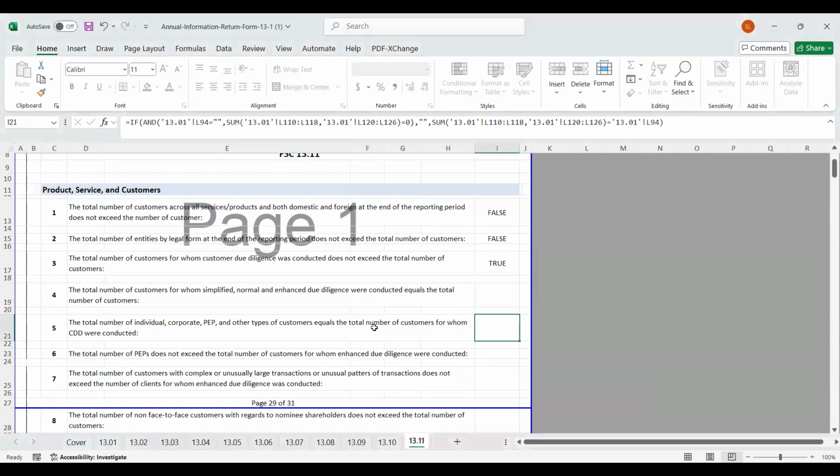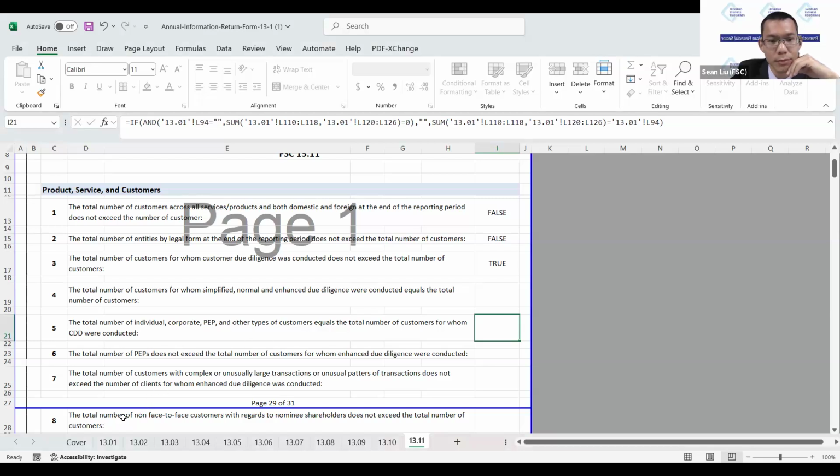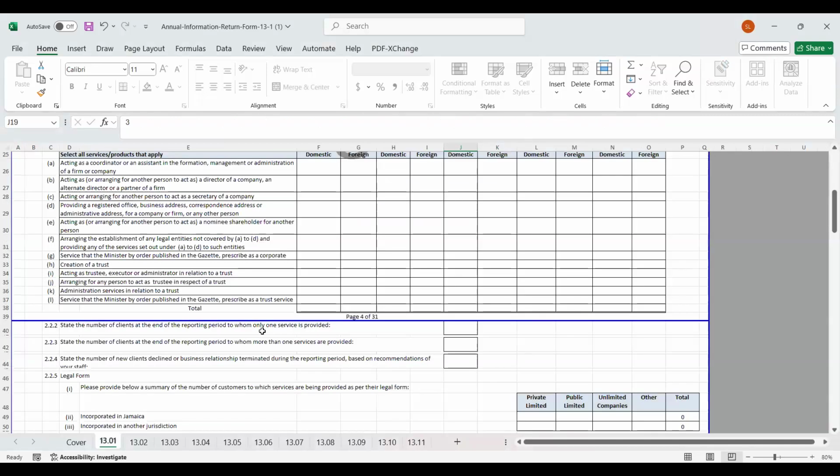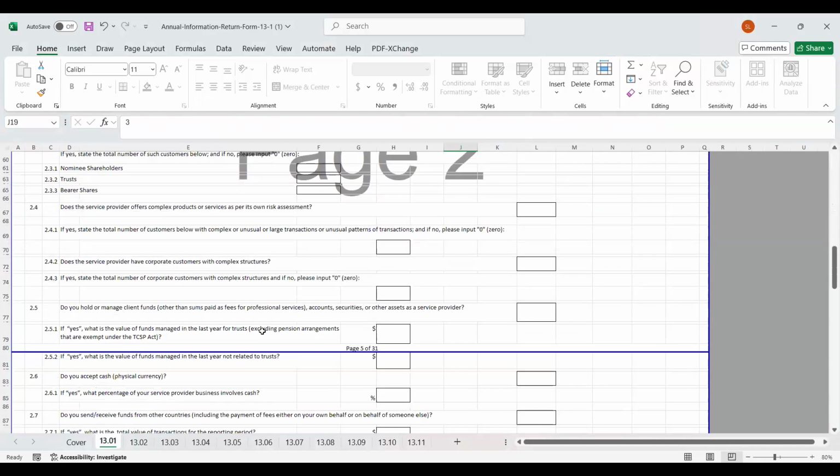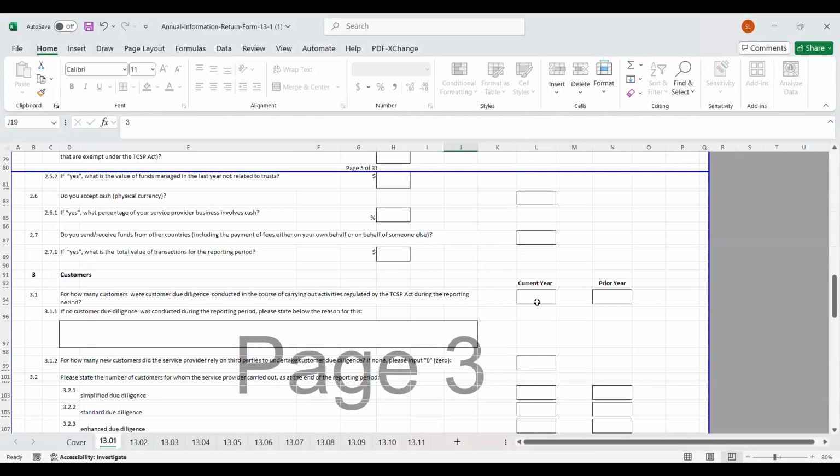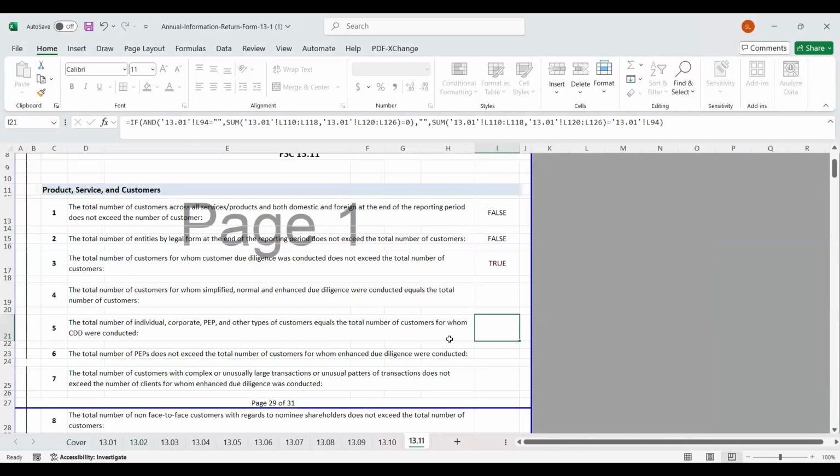So when we filled out 13.01, we classified the individual as a PEP as well as an individual who's a resident in Jamaica, counting them as one. When we use the validation sheet, it will always come up as false because it will never match the CDDs that were conducted. So what can be done to resolve that?